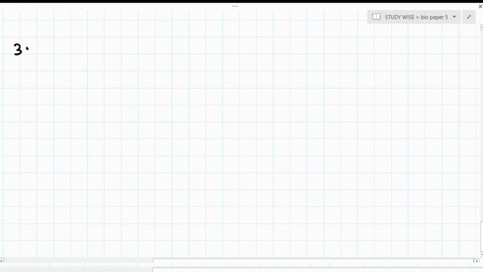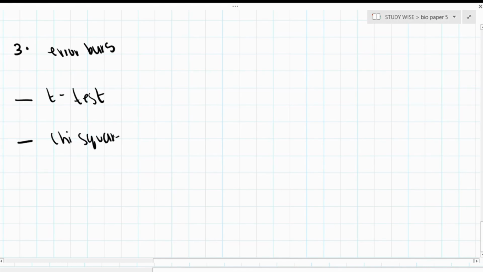3 is that you need to know how to draw error bars. And then about the statistical tests, there are t-tests, chi-square, and the formulas are also not needed to be memorized, but here they are.